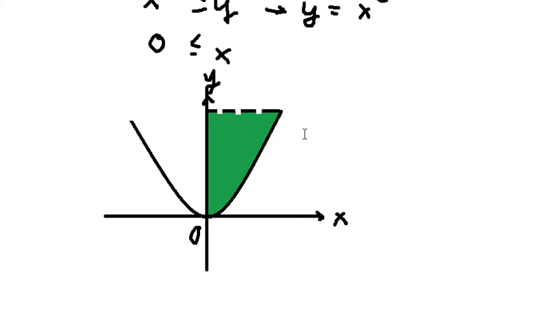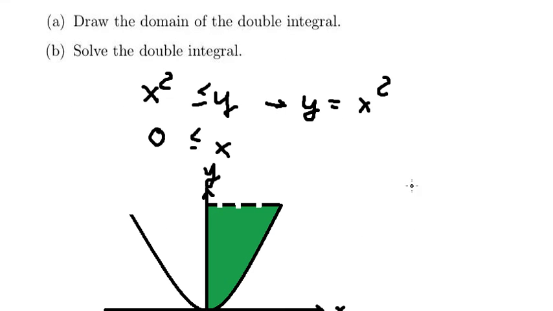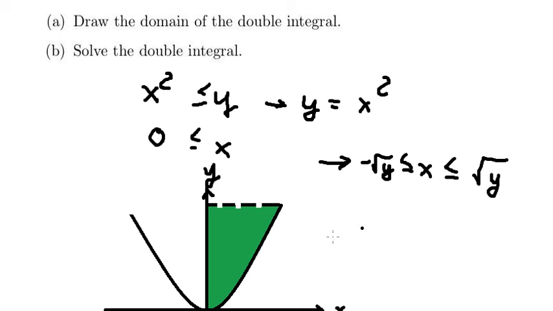That means we have x squared is smaller than or equal to y. Now we take the square root of both sides, and we have x equals the square root of y.